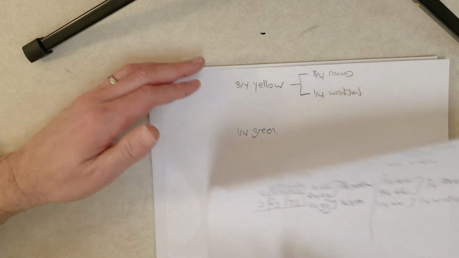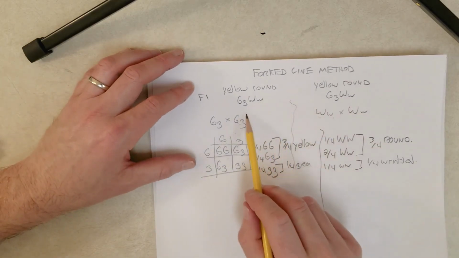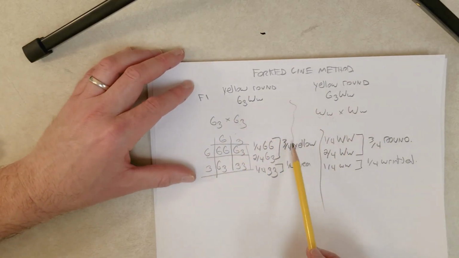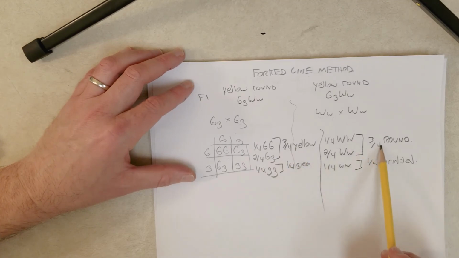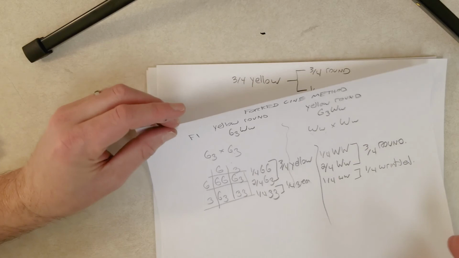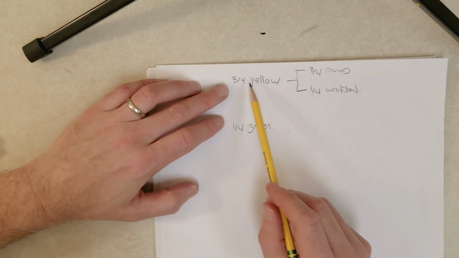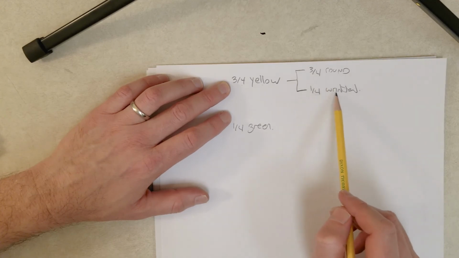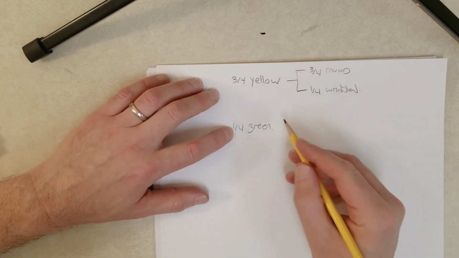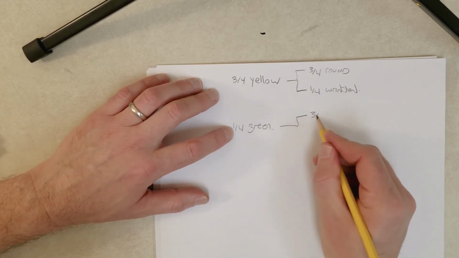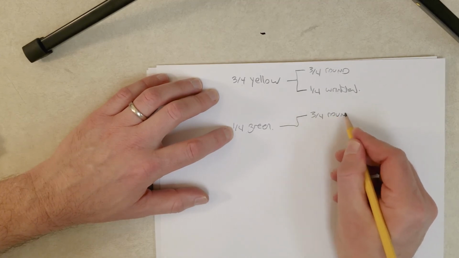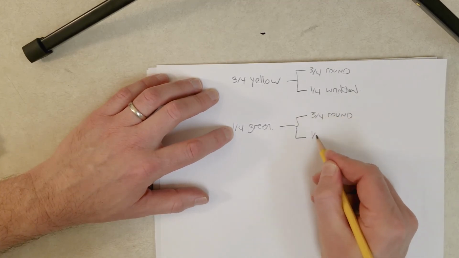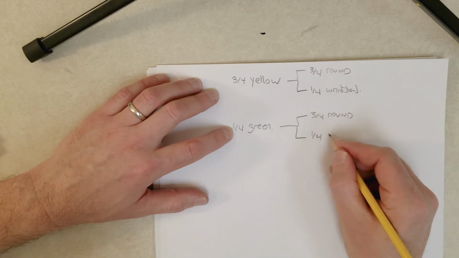Because we already determined that when you consider each character separately, you get 3/4 yellow, 1/4 green, 3/4 round, 1/4 wrinkled. So now of the 3/4 that are yellow, 3/4 of those have to be round, 1/4 have to be wrinkled. Of the quarter that are green, 3/4 have to be round, 1/4 has to be wrinkled.